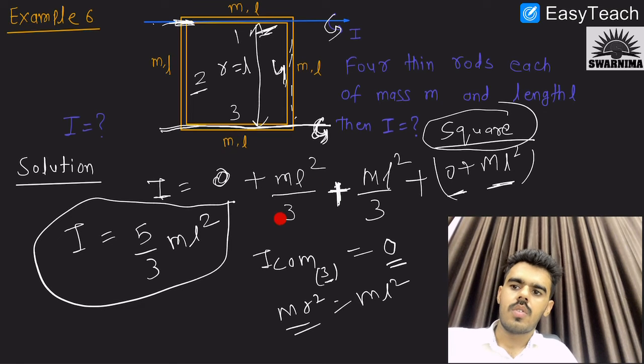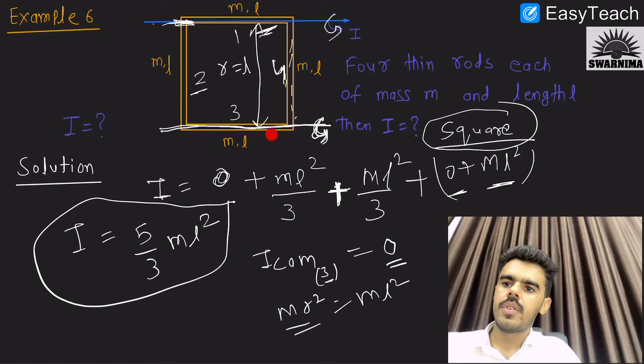So on an axis which is perpendicular to the rod and passing through the edge, the moment of inertia is ml square by 3. The same applies to rod 4, ml square by 3. And now if we talk about rod number 3, then rod number 3 is parallel to the axis about which the moment of inertia is asked.